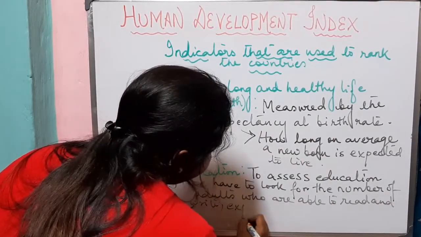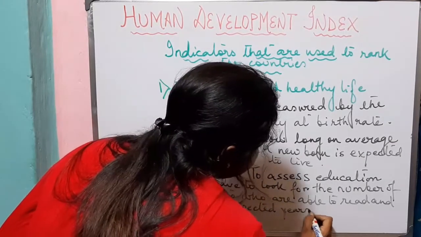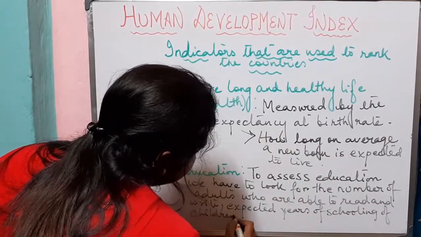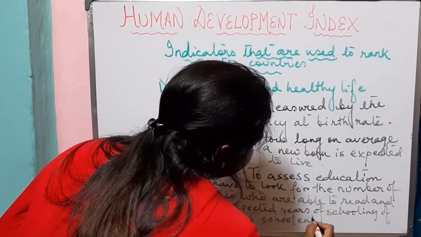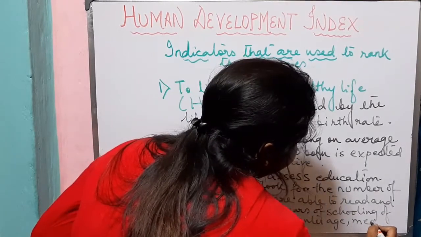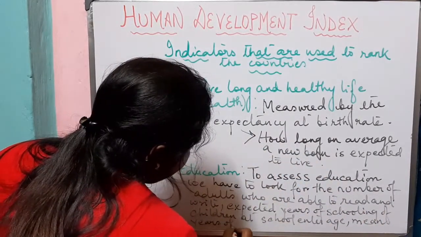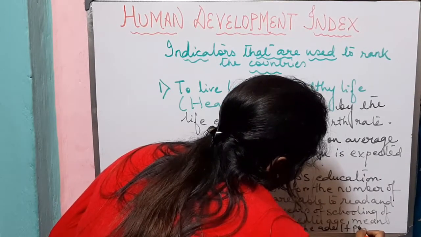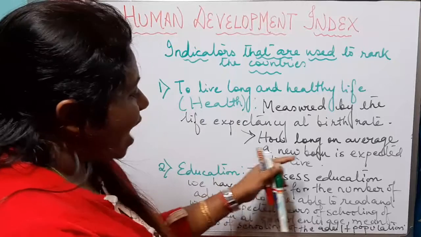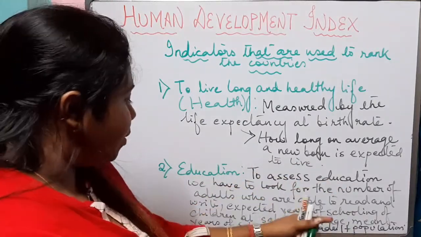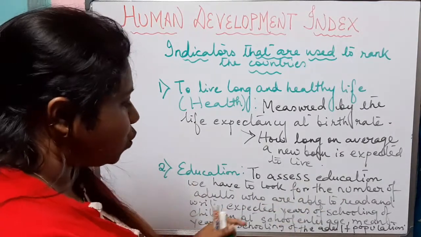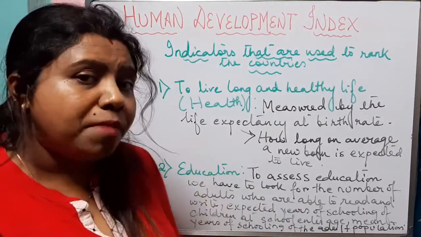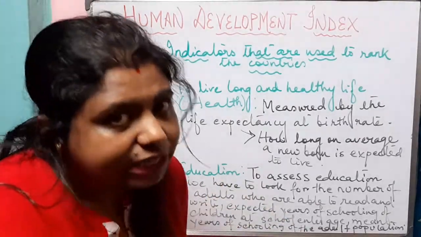We will also look for expected years of schooling of children at school entering age and the mean years of schooling of the adult population, which will give us information on how many people are getting the chance to get educated in a country.